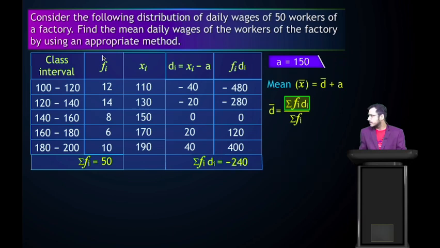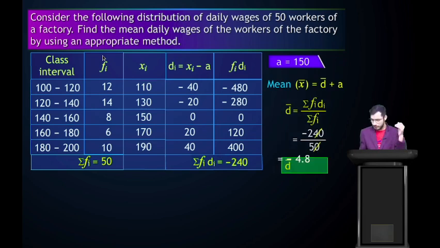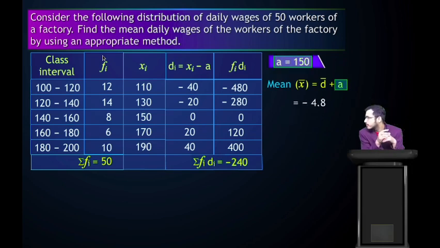Then substitute the values in the formula. Minus 240 divided by sigma f, that is 50, so we get minus 4.8. Then add A, where A is 150 here in the assumed mean method.